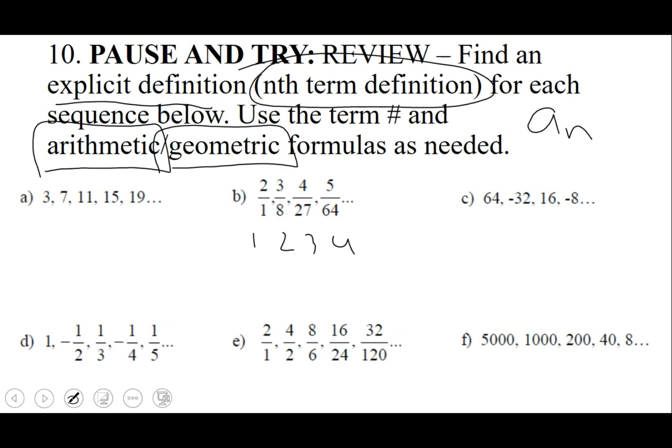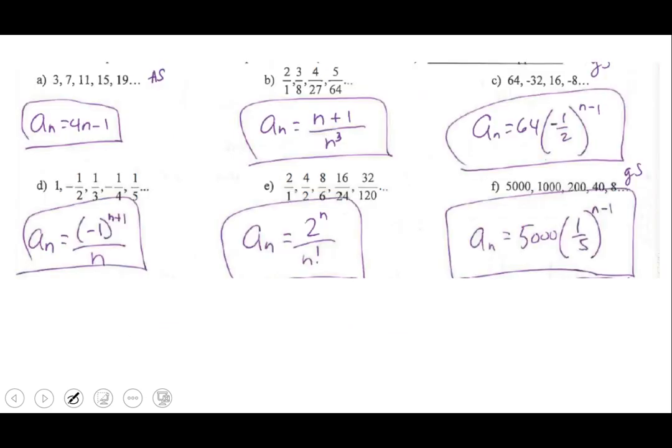Or if it doesn't require a formula, then I would suggest writing the term number 1, 2, 3, 4, and then again, a little bit of educated guessing and checking, trying to see if you can find those equations. So again, I strongly recommend you pause, try these 6, and then move on to the next slide when you're ready. Here are the answers to those 6 problems.